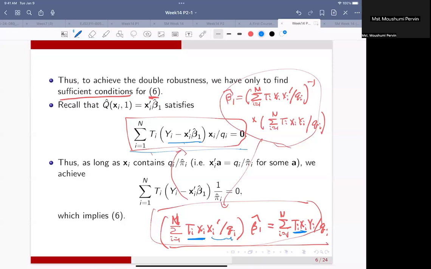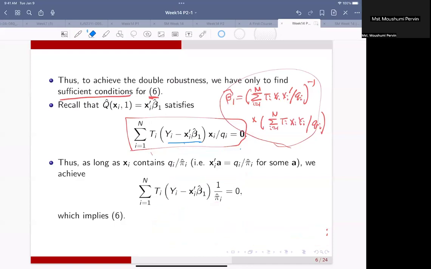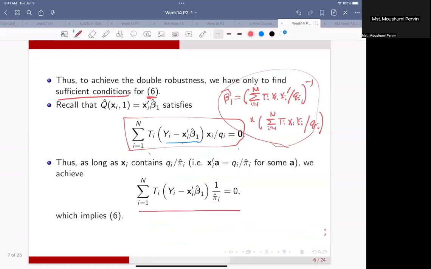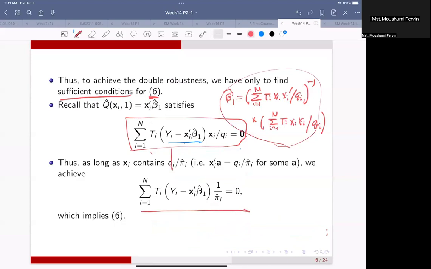Now, what's the next step? The next step is to figure out a condition that leads to this. So how can we achieve this from the definition? Notice that this is actually a vector equation, while this is a scalar equation.